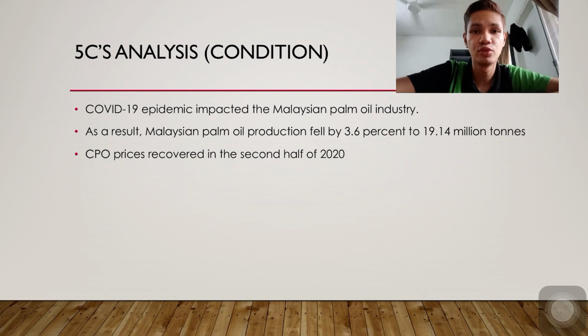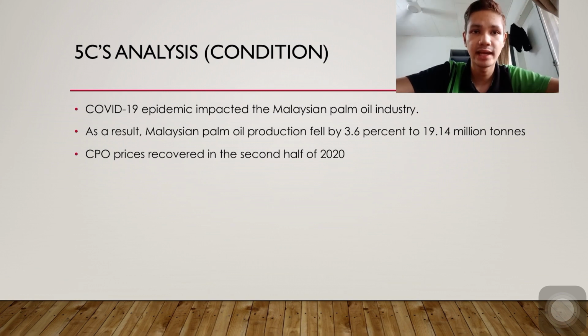As a result, one of the sectors in Hub Sing Consolidated Berhad, which is the Malaysian palm oil production, fell by 3.6% to 19.4 million tons.